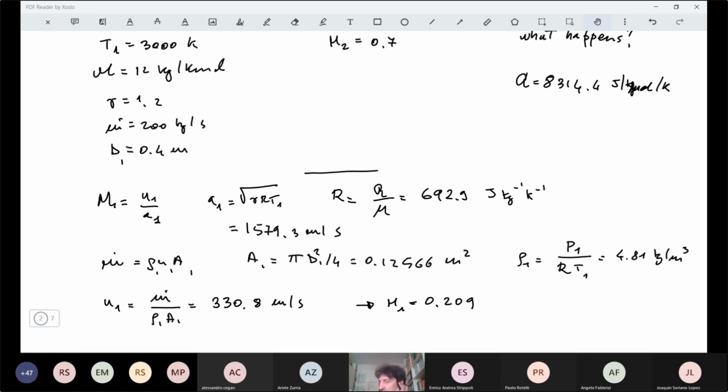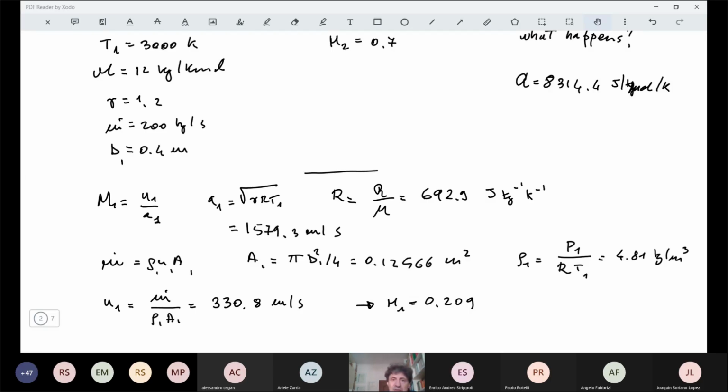We note that both conditions are in the subsonic regime, so this can be obtained through a single sign of the variation of the area, because both values are subsonic.